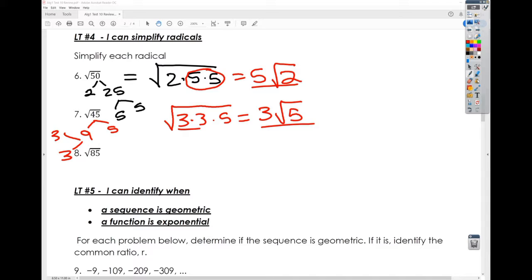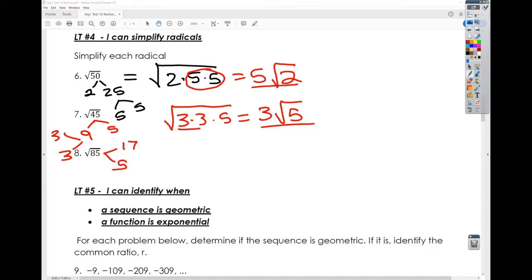Okay? And then 85, let's see. 17 times 5 is 85. Let's see, is that right? 20 times 5 is 100, minus 15 is 85, yes.